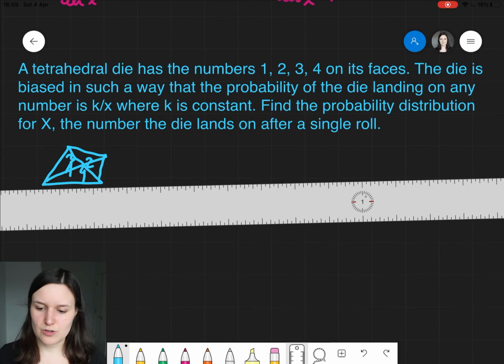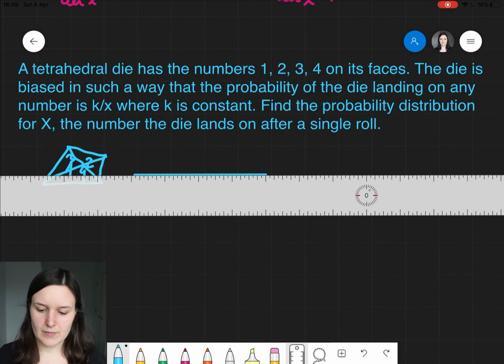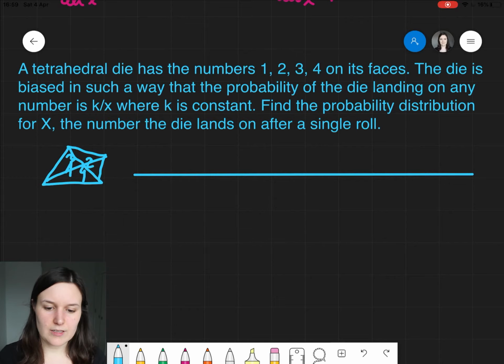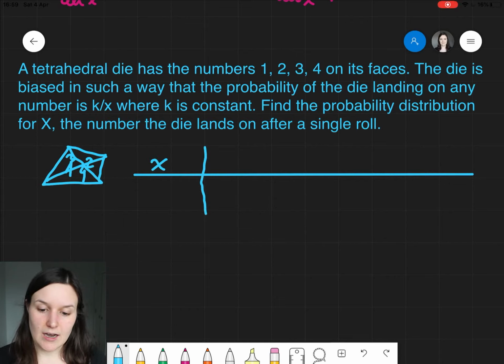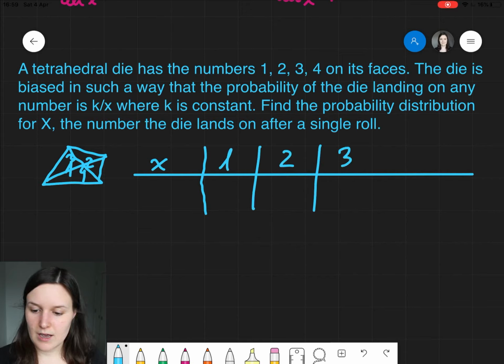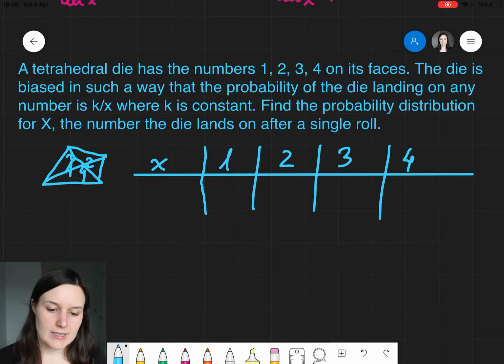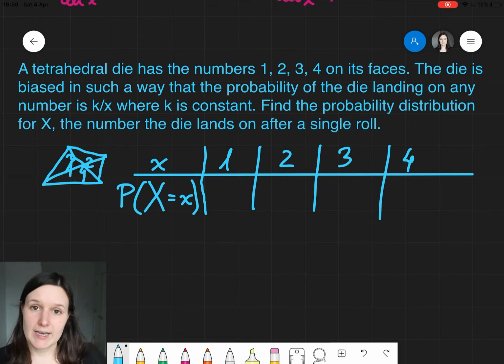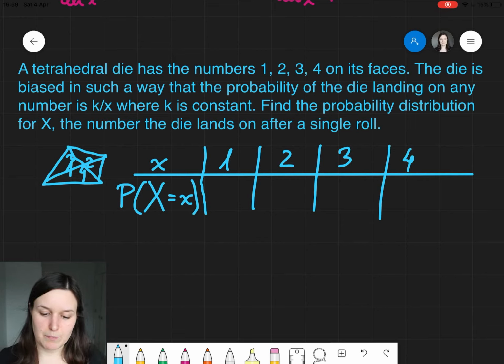So let's draw up a table. The only values that the random variable can be are 1, 2, 3, and 4, and the probability that the random variable is x is... Okay, this is a biased die.